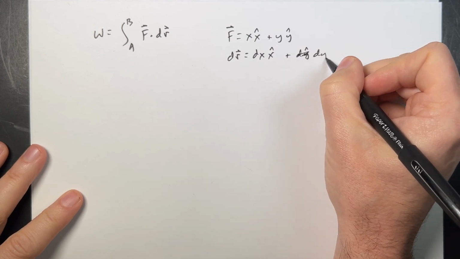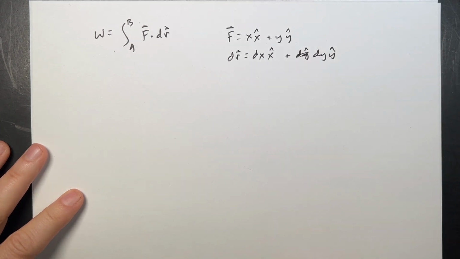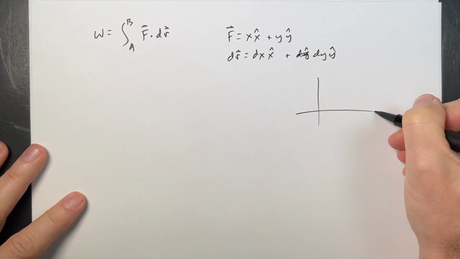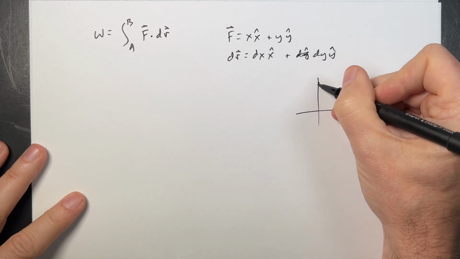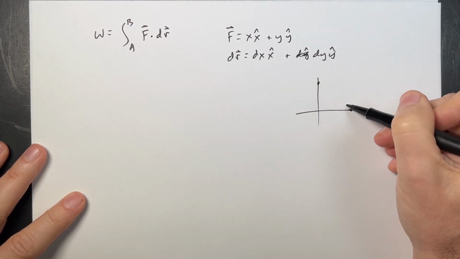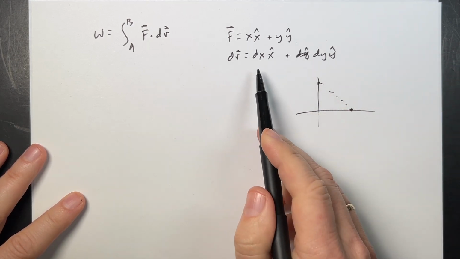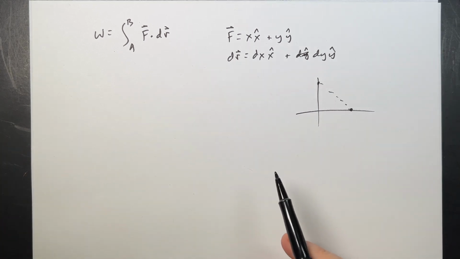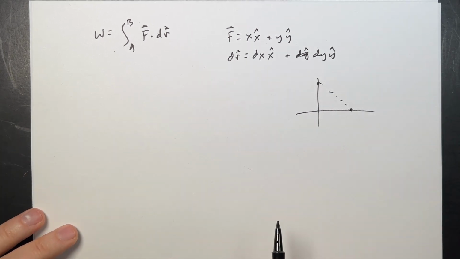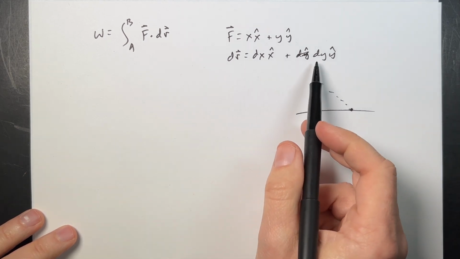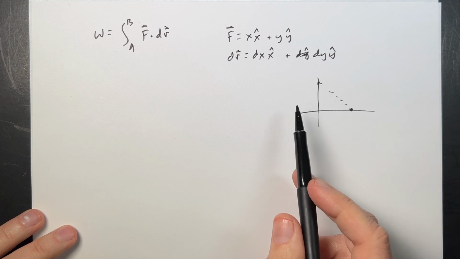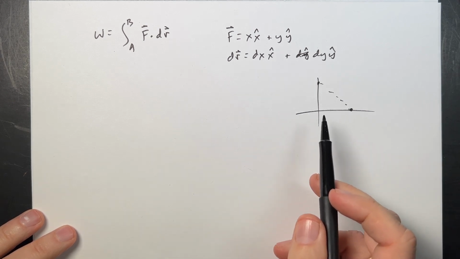Now, this is a sketch right here. We're going from here to there, right? We're going this way. So it might be tempting to say, oh, dx is negative because I'm going in the negative x direction. No, that's not true. dr is dx x hat plus dy y hat. The direction comes from the limits of integration.